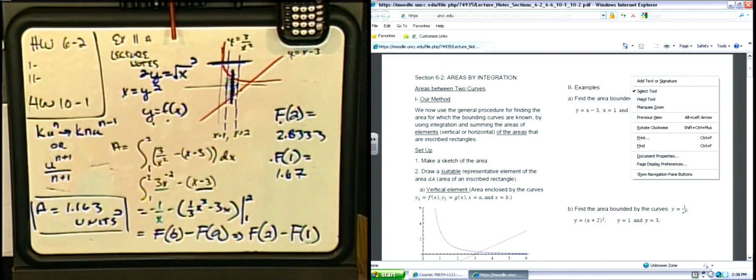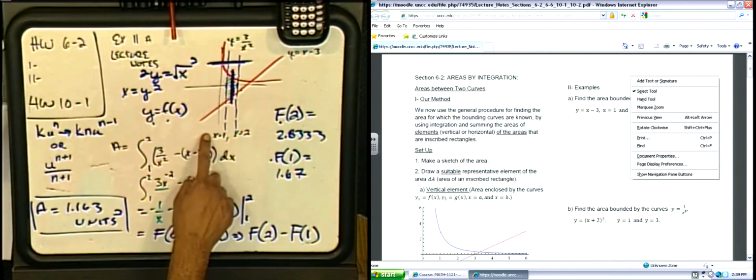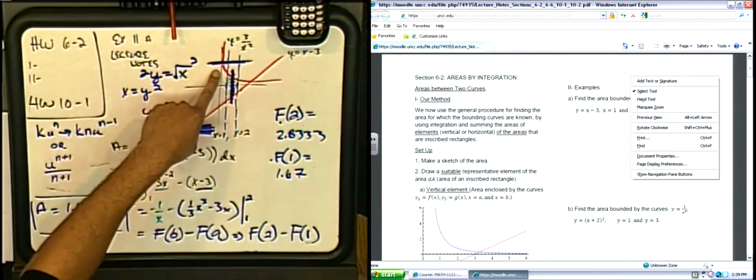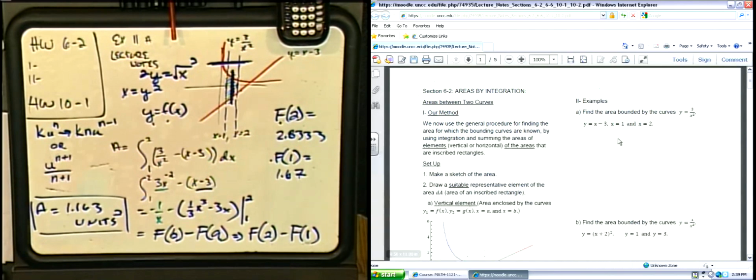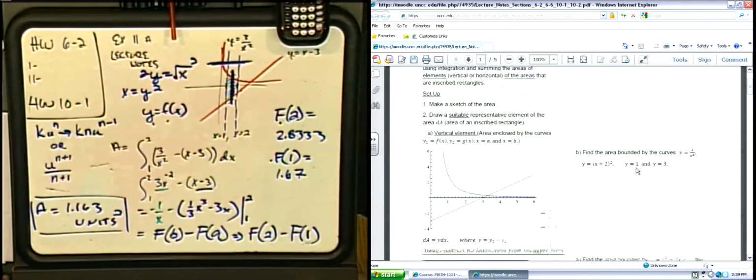So 1.163 units squared is the area under the curve. Okay, next I will try another vertical problem like this one, a horizontal problem, and one more from the lecture notes.